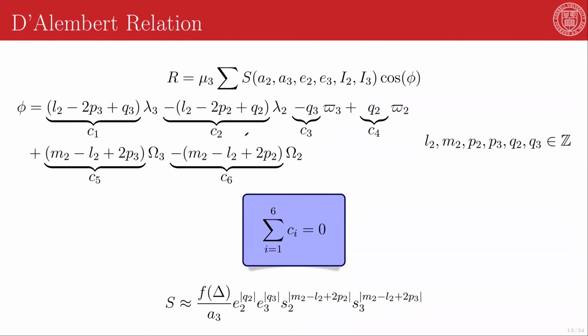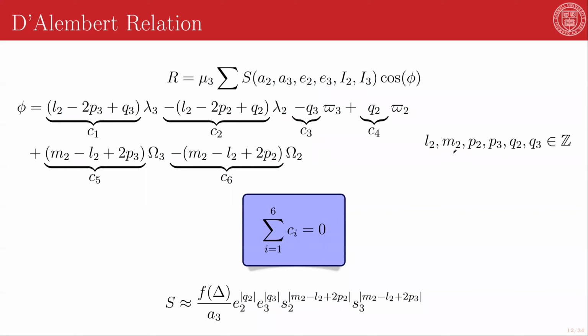Furthermore, from our second order expansion of the disturbing function, we know that we can write this generalized argument, composed of integer values multiplying lambda 3, lambda 2, varpi 3, varpi 2, and omega 3, omega 2, instead as linear combinations of other sets of integers, L2, M2, P2, P3, Q2, and Q3.